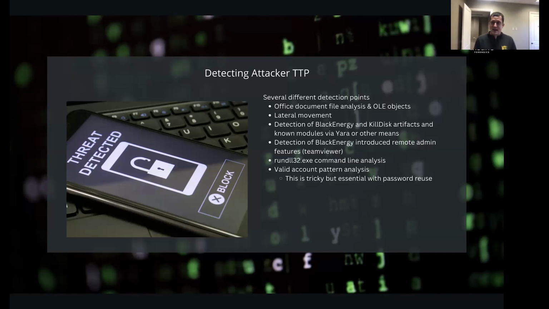A key one here is detection of the remote admin, right? In this case, attackers were moving mice around. There are cases where people ask, why is there TeamViewer? Some utilities do actually use TeamViewer as part of their operations, others don't. If TeamViewer or other remote admin features are part of your operations, you definitely want to look at how those are used.